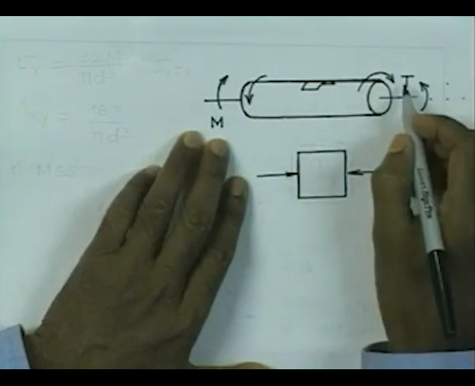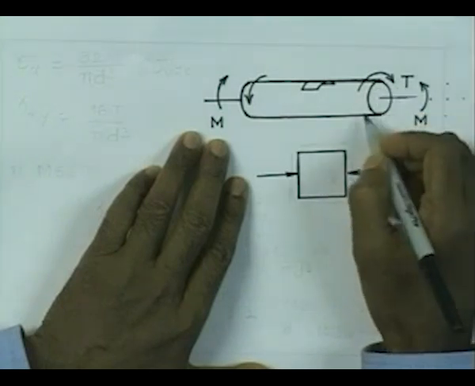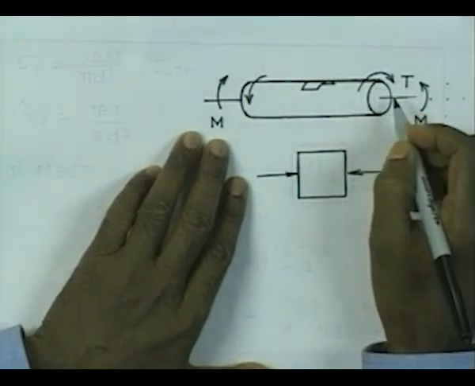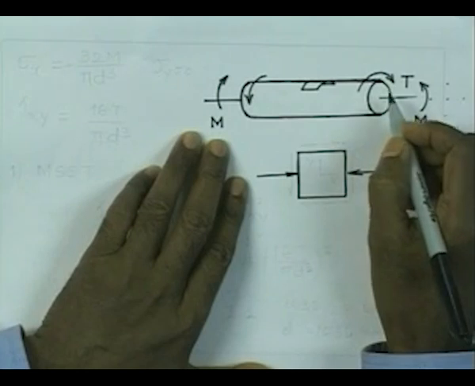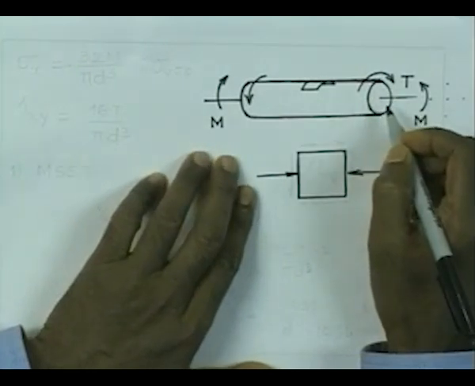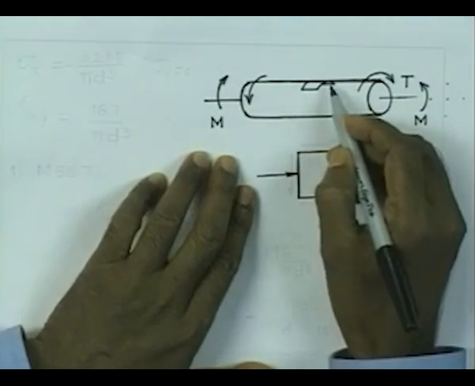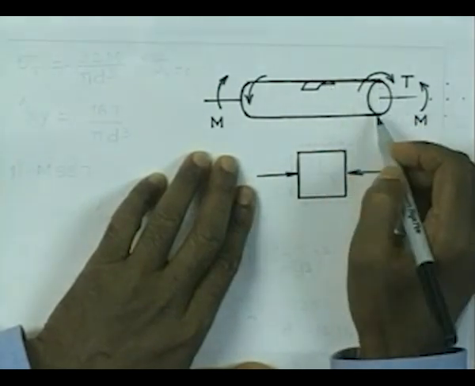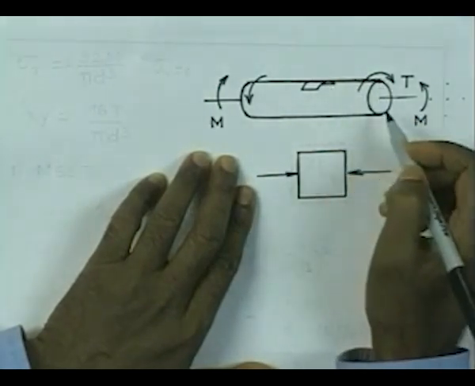Under the action of the twisting moment, you are going to get shear stresses which are going to be maximum around the outer circumference or close to the outer circumference, and therefore, if we consider an element at the 12 o'clock position or 6 o'clock position, these are the elements which are going to be critically loaded.